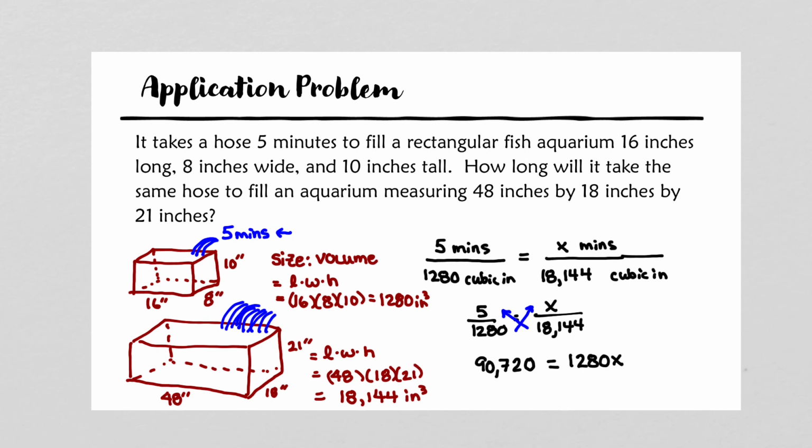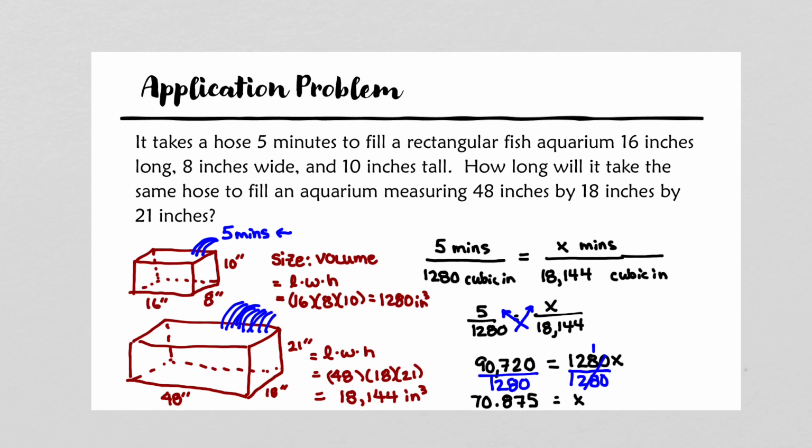To finish, we divide. That means we divide both the left side and the right side by 1,280. That gives us X on the right side. And on the left side, 90,720 divided by 1,280 is just 70.875.